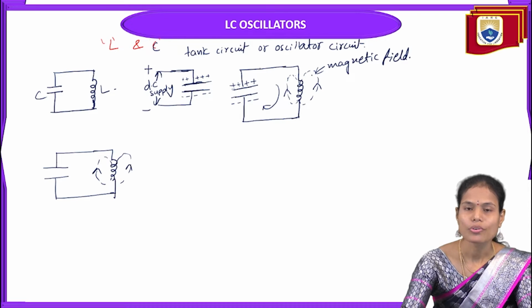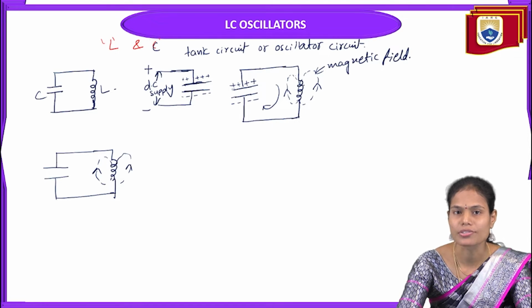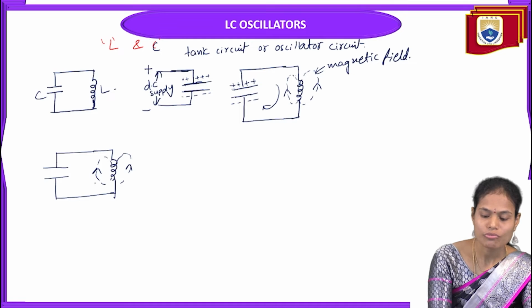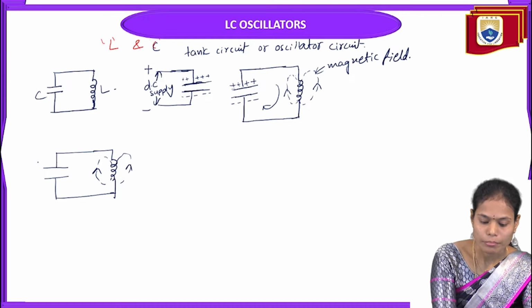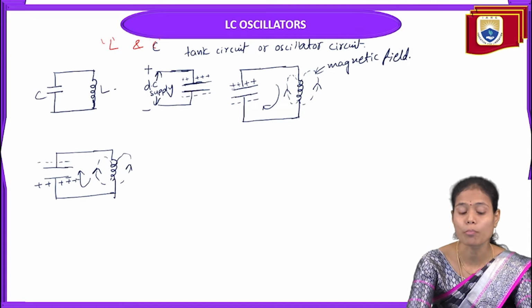According to Lenz's law, this magnetic field accumulated across the inductor will slowly disappear. Once it starts disappearing, the capacitor starts charging again, with the opposite polarity.